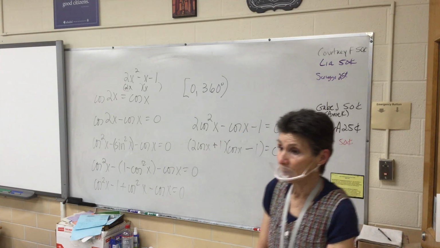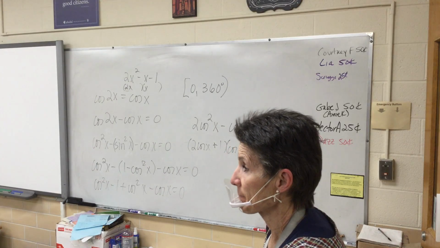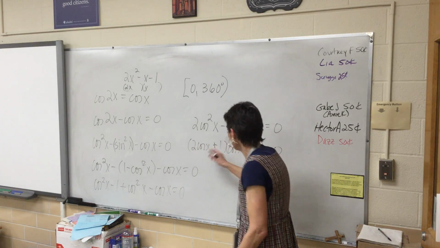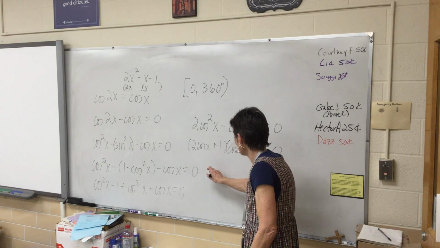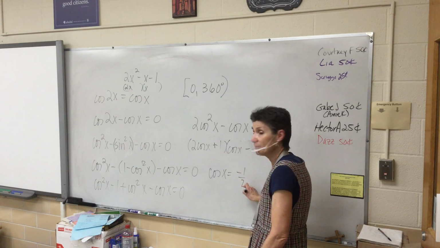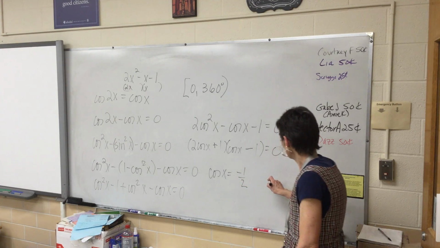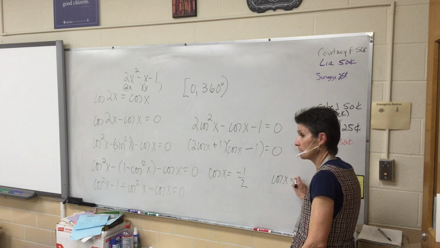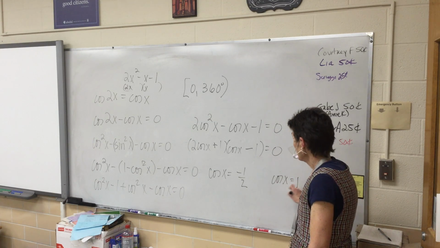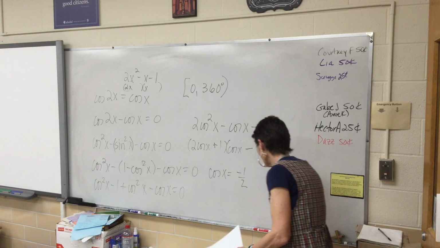All right, so now what do I do? Set them equal to 0. So if you can do that in your head, that's fine. That first one's going to say cosine x equals negative 1/2. And the second one's going to say cosine x equals 1. Now, we just talked about that one, sort of.